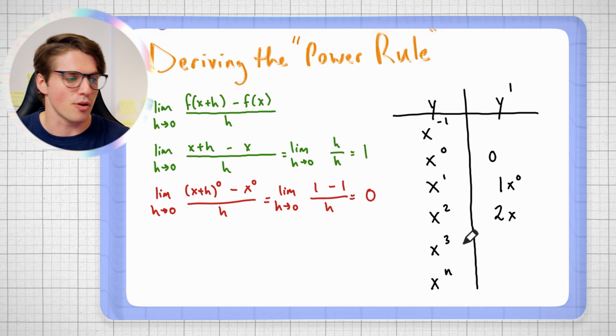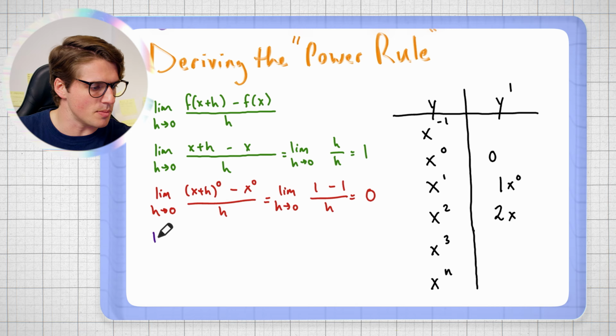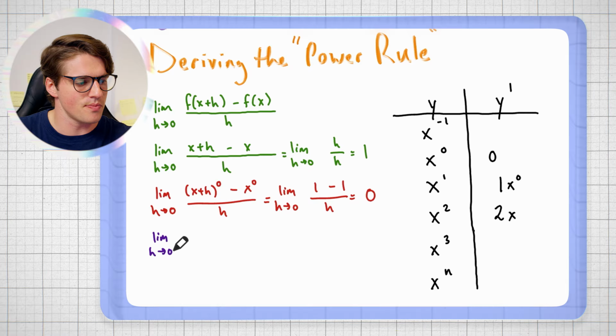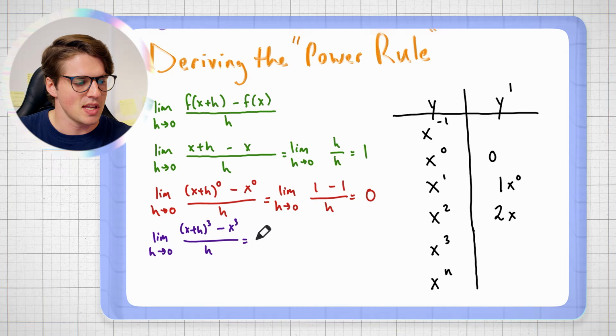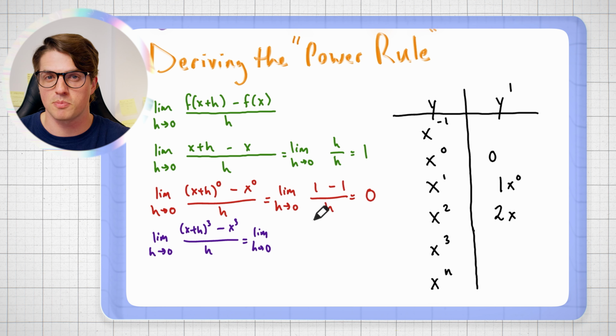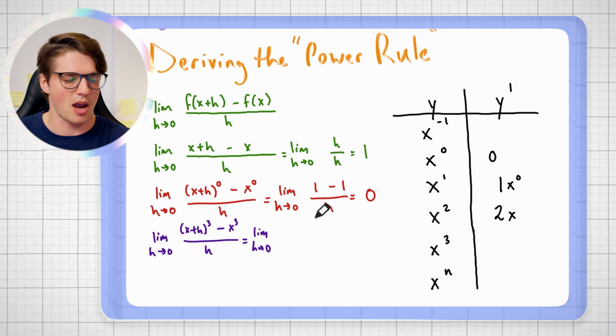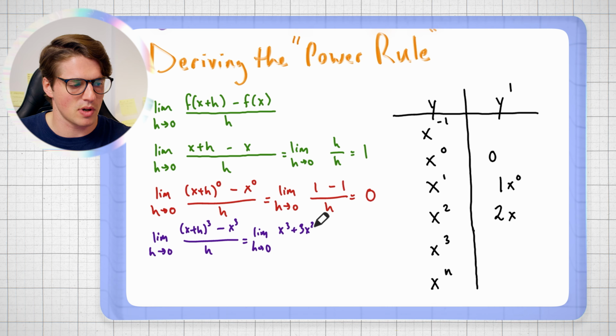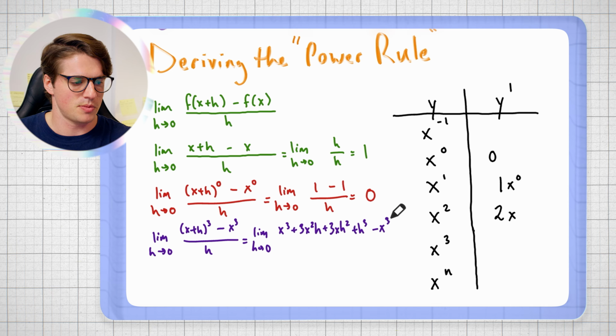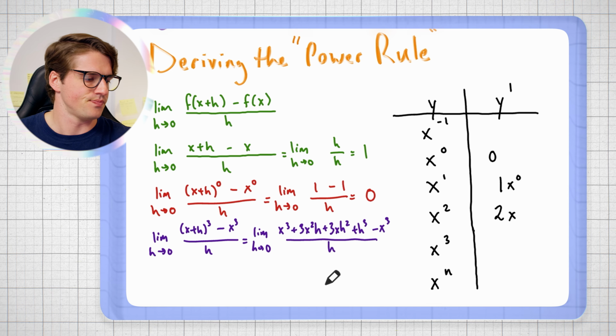Let's move on to x to the third. We have the limit as h goes to 0 of x plus h to the third minus x to the third all over h. And you all might not know off the top of your head how to expand x plus h to the third power, but it is x to the third plus 3x squared h plus 3x h squared plus h cubed, minus x cubed, all over h.